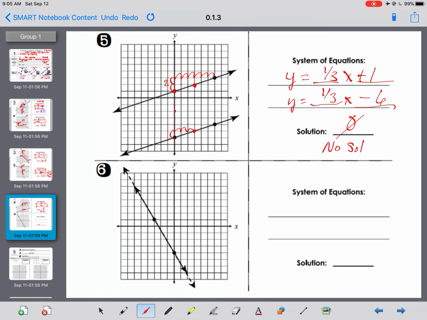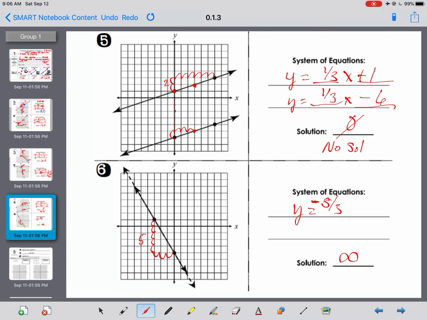Okay. And then number 6, those are the same line. So that means the answer is going to be forever, infinity. It's a really horrible infinity symbol. Let's see if I can do it better if I focus. There we go. Infinity, like a sideways 8. So all we need is y equals. We need the slope. So 1, 2, 3, 4, 5. 1, 2, 3. 5/3.